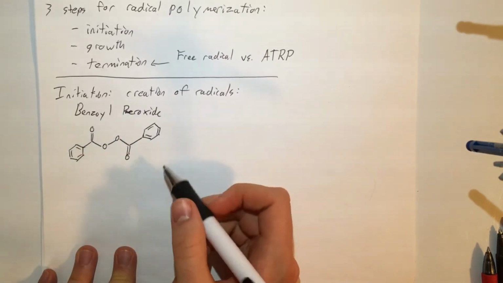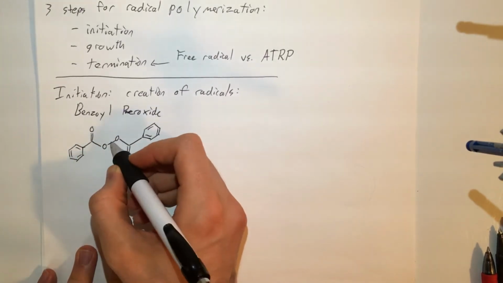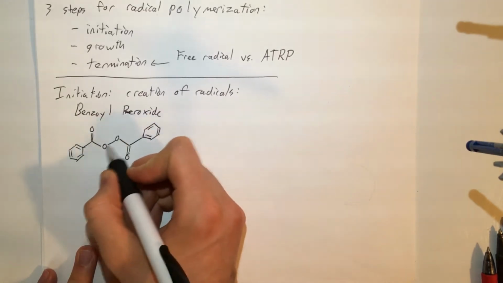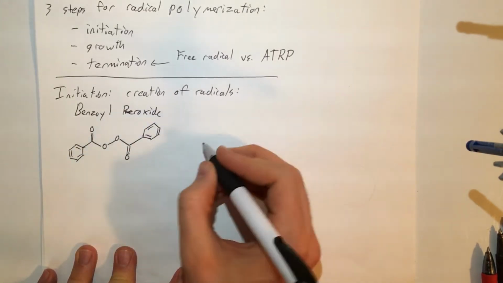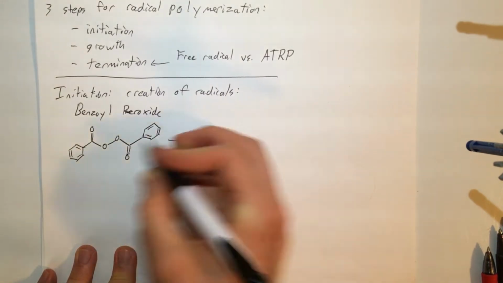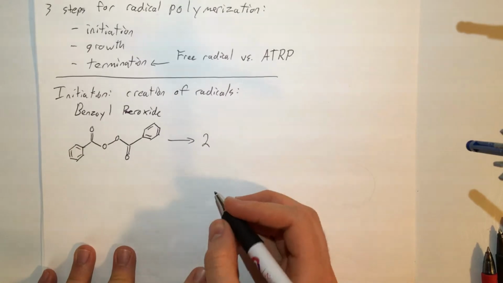So peroxides in general are characterized by this O-O bond. And if you cleave this bond, and there's sort of symmetry to the overall molecule, when you cleave that bond, you end up creating 2 similar molecules. So these are mirror images of each other.